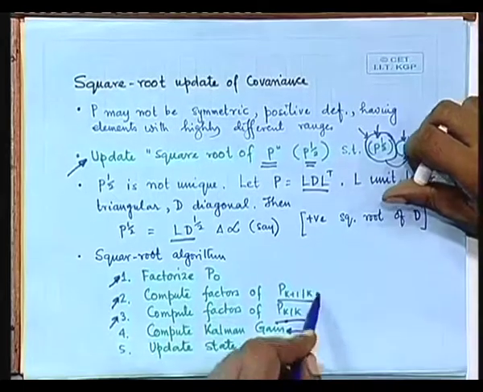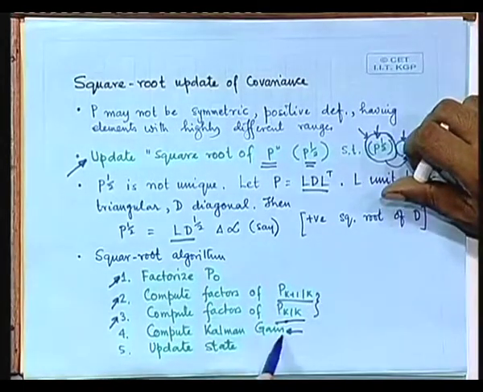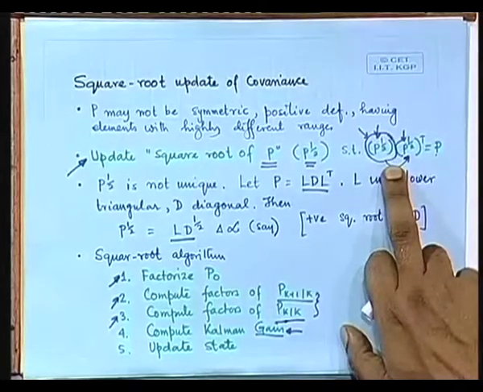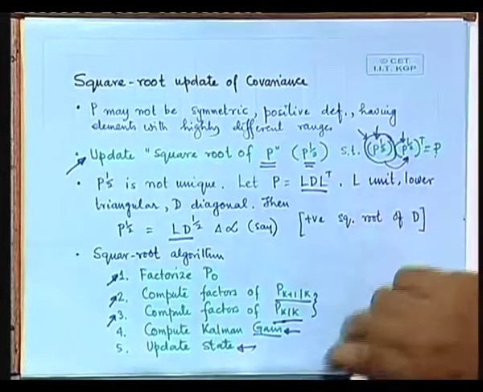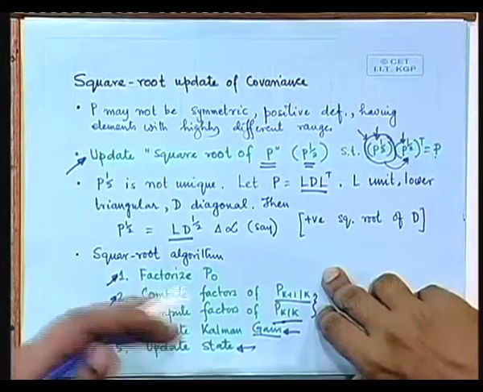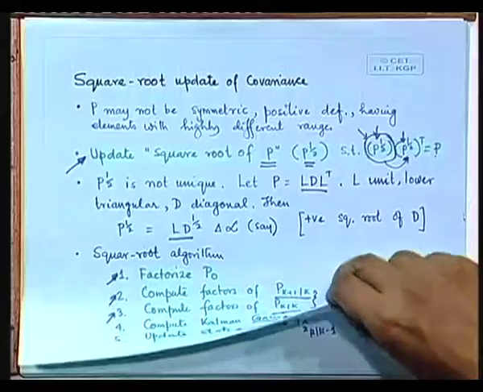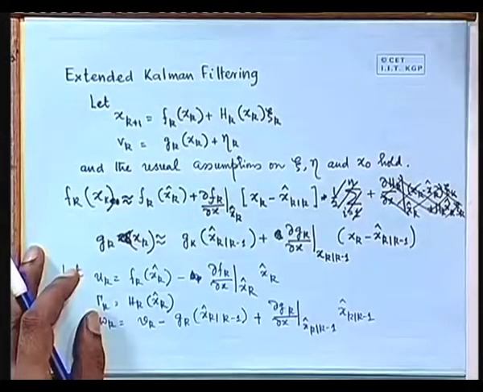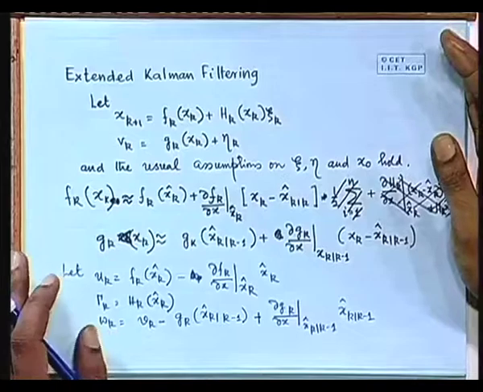So while updating you update the square roots, then while calculating the Kalman gain you use this equation and then update the state. This algorithm is now fairly stabilized, developed by various people, Bierman, Potter. So now it is a very stable and well used implementation.